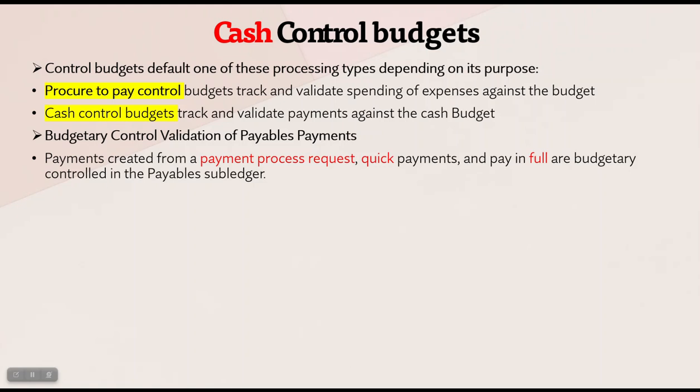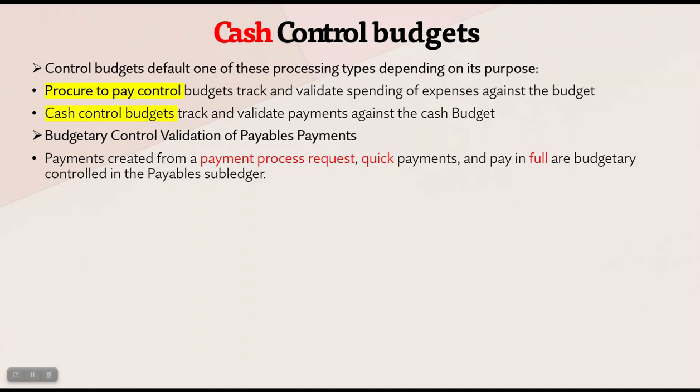Either advisory, track, or none, like procure to pay control budget. But instead of putting an expense account, you will put a cash account. This cash account is assigned to the bank account because we're talking about the payment. So from where will you make a payment? From the bank account, right? So in this case, you will make a cash control on those bank accounts or cash accounts.